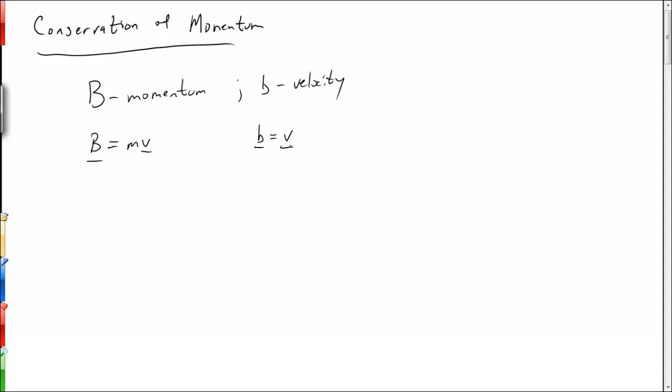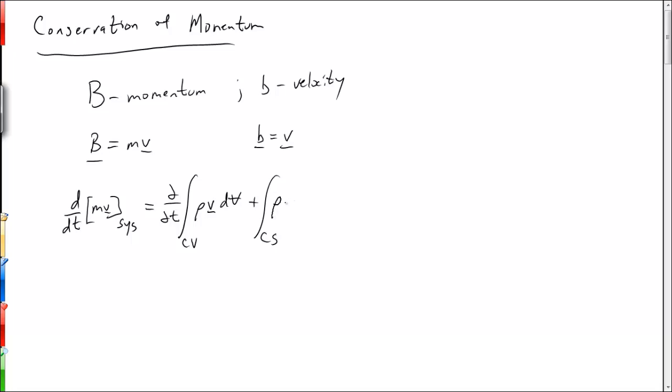If we substitute these into the Reynolds transport theorem, we see that the time rate of change of the momentum of a system, and I'll write it like this, is equal to the rate of change of the momentum in the control volume plus the rate at which momentum enters and leaves the control volume integrated over the control surface.